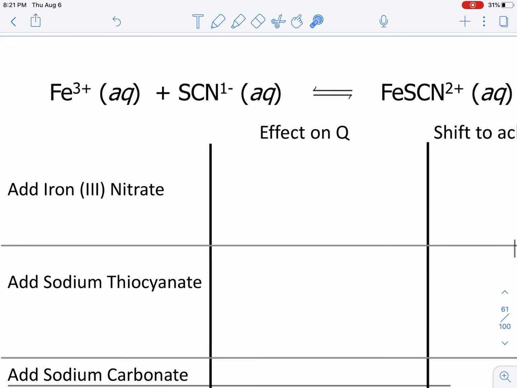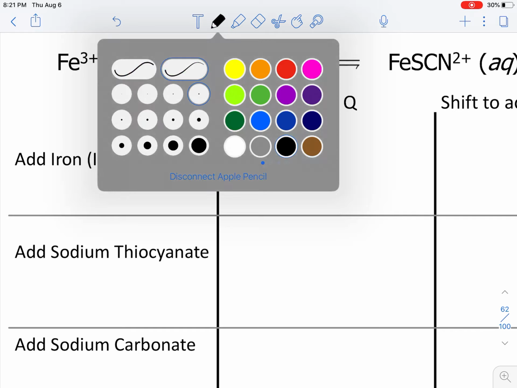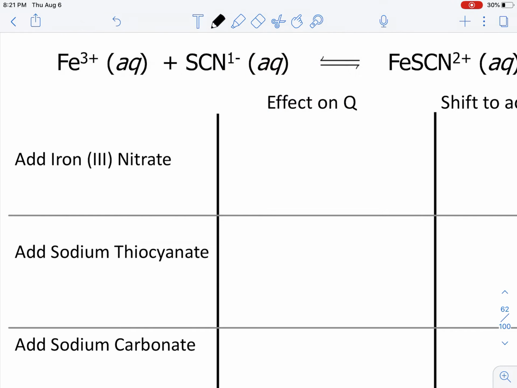And so to answer this, we need to keep in mind the solubility rules for all of these substances. So iron 3 nitrate, the chemical formula is Fe(NO3)3. Okay, so there's 3 nitrates for every 1 iron because the charge of nitrate is -1. Now, if you recall, all nitrates are soluble, and so therefore it's aqueous.